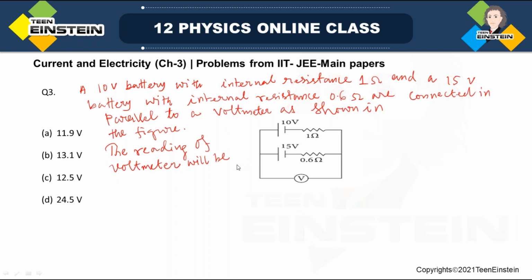First of all, we have to find out the current through the circuit or current through the voltmeter. If we can get the current, then it is easy to find out.